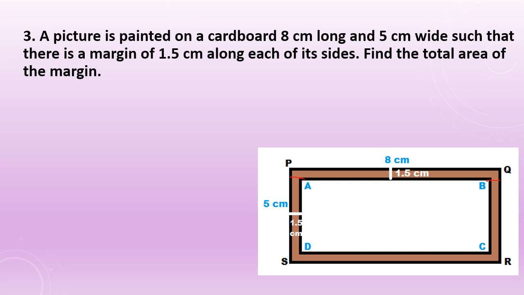Clear? Because here we have to find the area of inner rectangle ABCD whose length and breadth we don't know. The rectangle is inside, so to get the length and breadth, you have to subtract the width of the margin. Here you have to subtract 3 cm from length and breadth. Now let's solve.